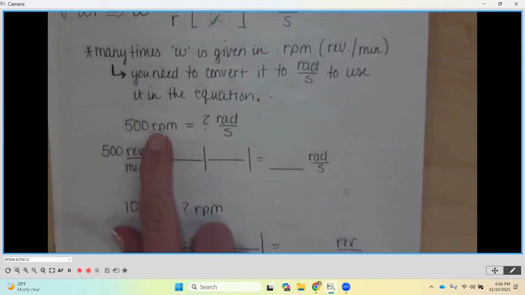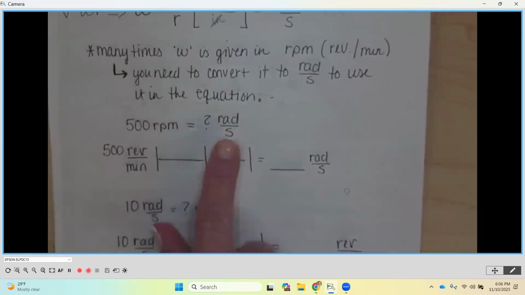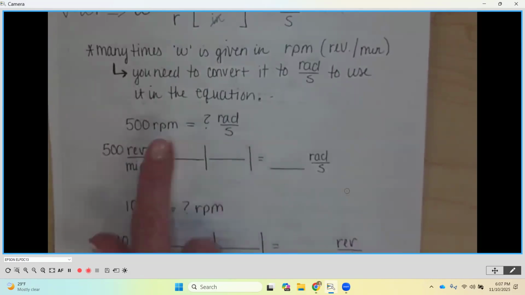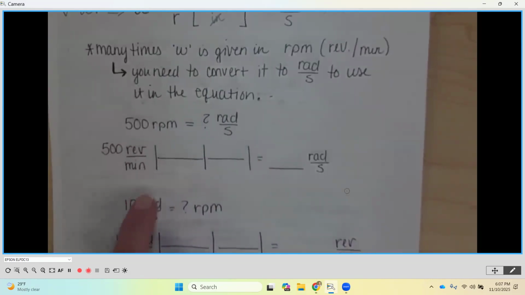So if we get something in RPMs and we have to convert it to radians per second, we've got to know how to do that. Down here, we're going to use what we call the ratio method of unit conversions. Yes, there are unit converters online where you just multiply by a number to go from revolutions per minute to radians per second.